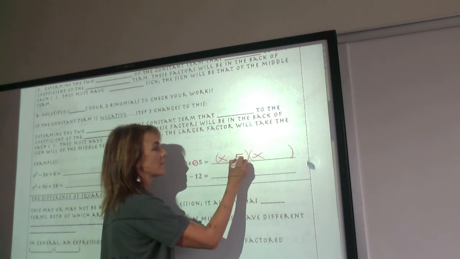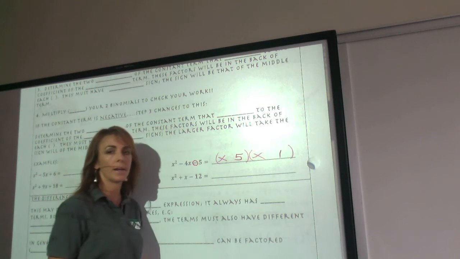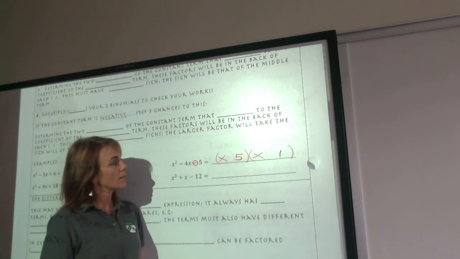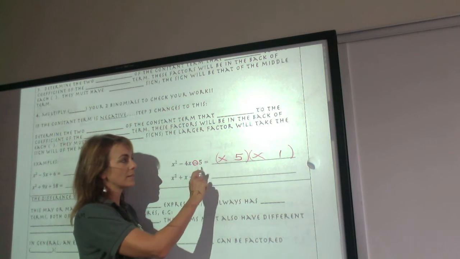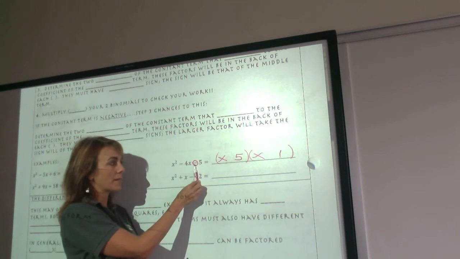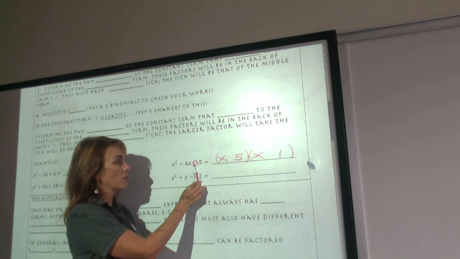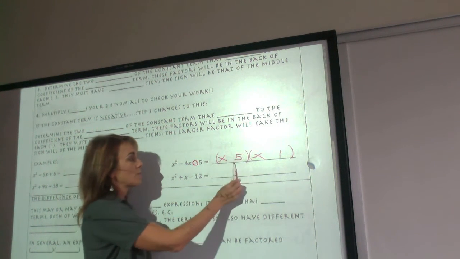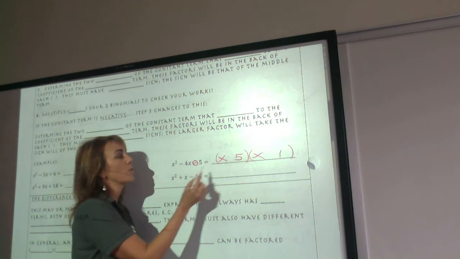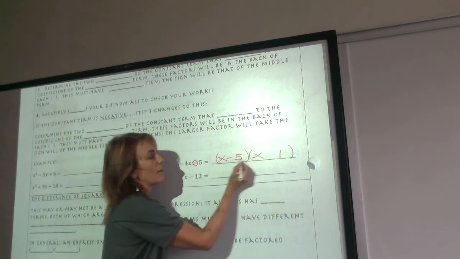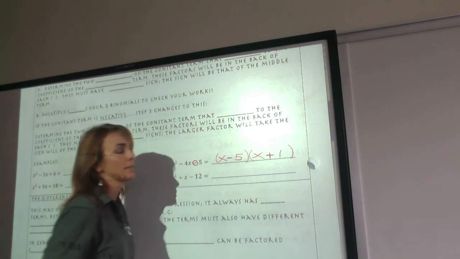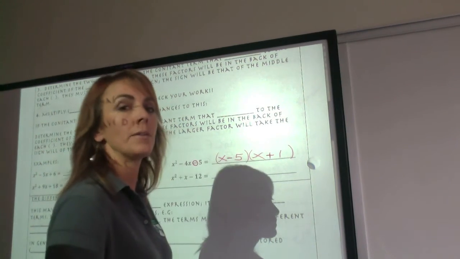So one of these needs to be a 5 while the other one is a 1. Okay, so now what I want to do is choose the right sign to go in the right place. Remember, with a negative back here, you've got to have one of each sign. All right, so which one goes where? The larger of these two numbers takes this sign. So my 5 will be negative while my 1 will be positive.